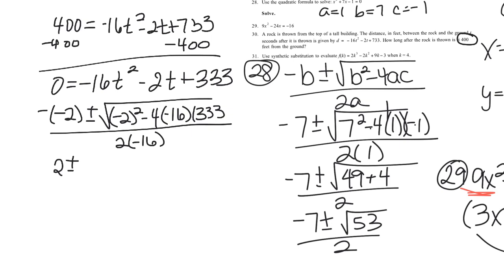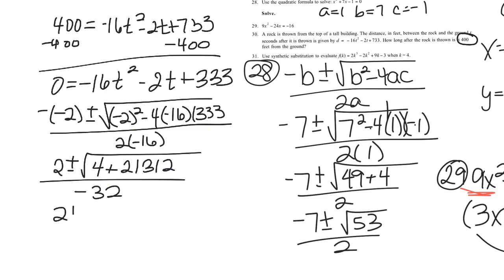So that's 2 plus or minus the square root of 4, and 4 times 16 times 333 is 21,312. So plus 21,312 over negative 32. And I get 2 plus or minus the square root of 21,316 over negative 32.